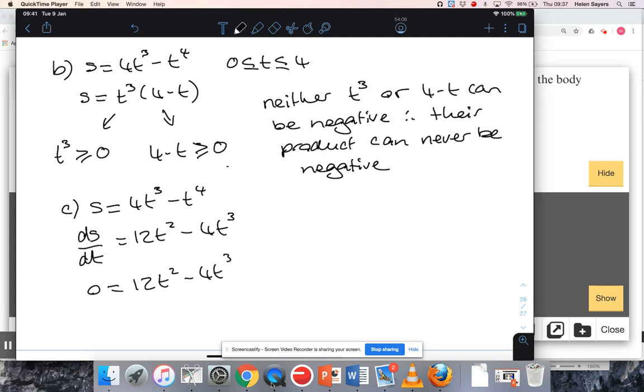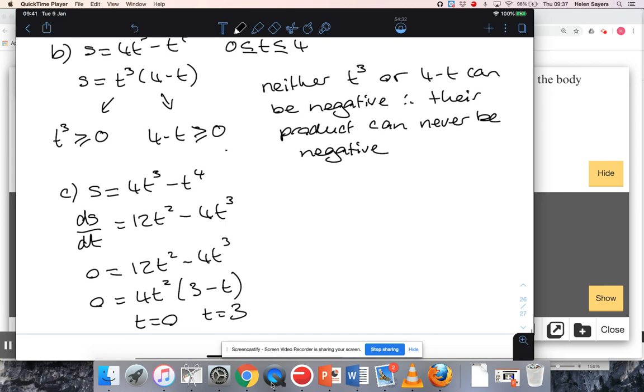So let's find those. So I can take 4t out as a common factor. So I know, in fact, that I can take 4t squared out as a common factor. So that's going to leave me with 3 minus t. So I've got t is 0, and t is 3.